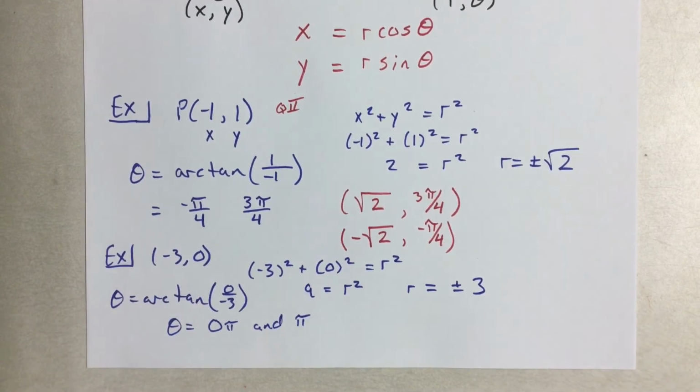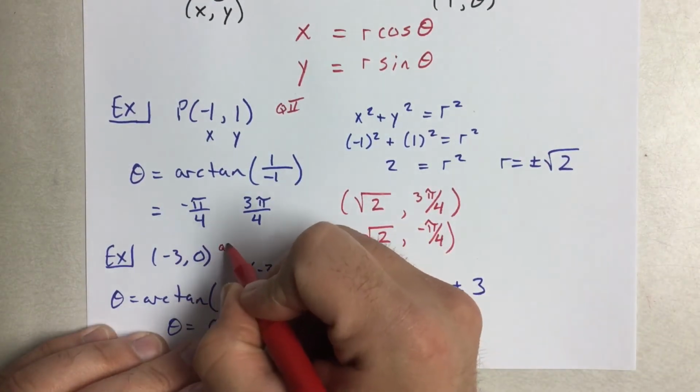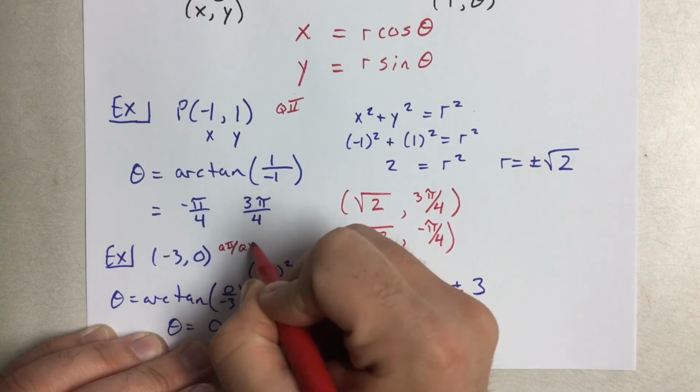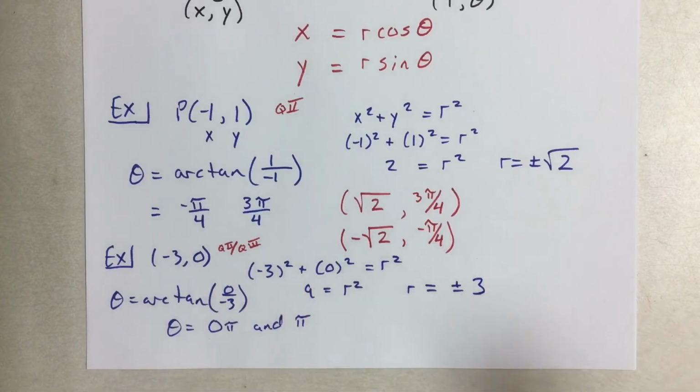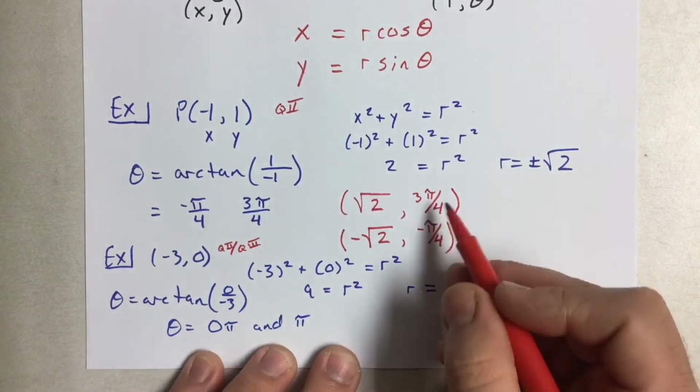So negative 3, 0. That's not in a quadrant, that's actually on an axis, but we'll say quadrant 2 / quadrant 3. That's how we're going to say that. Okay, so we need our point to be on the left side of the x-axis. Let's see, probably should have started with the angle measure.